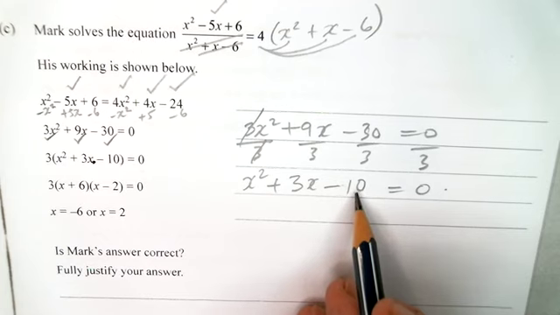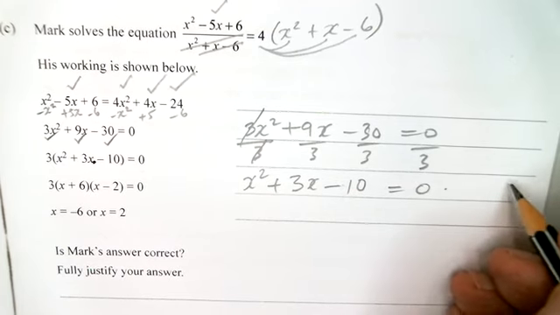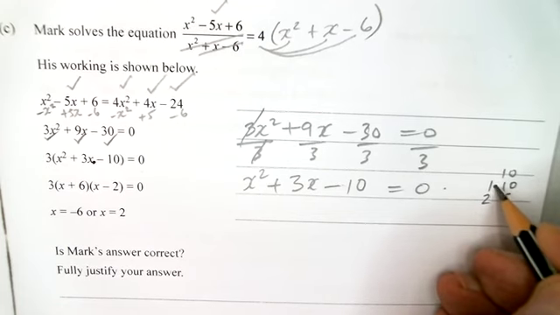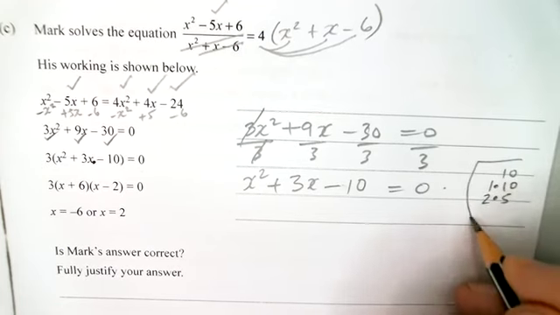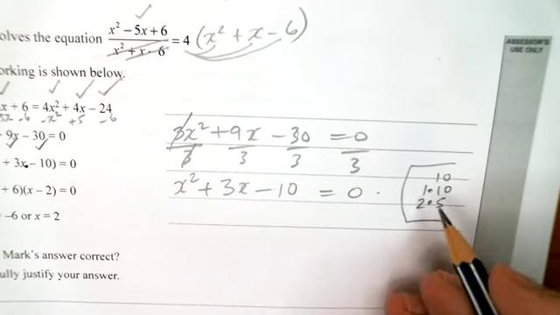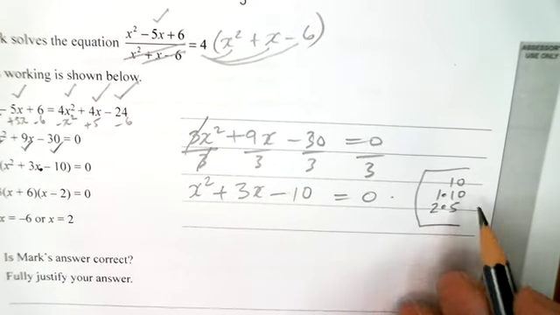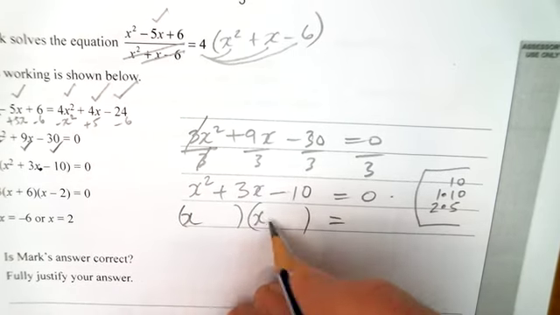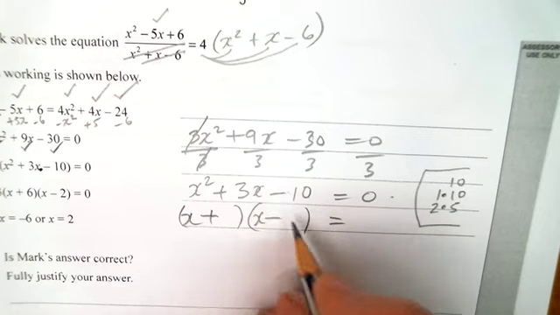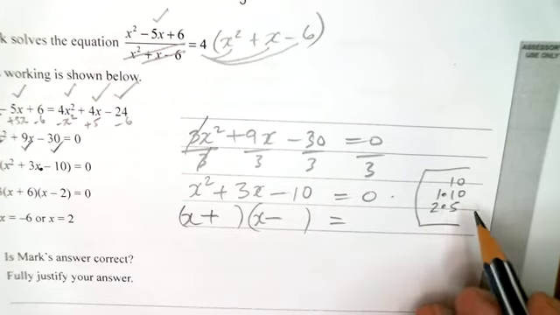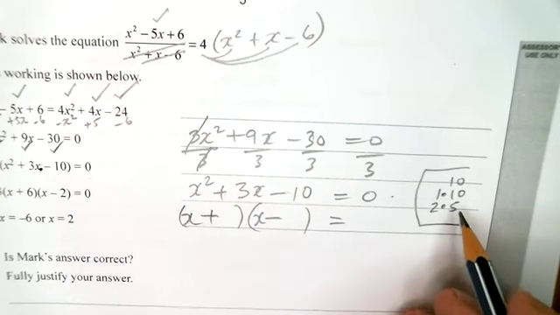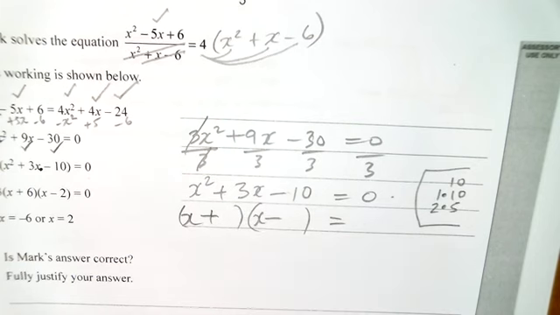And then we can factorize this. So we're looking for factors of 10. Factors of 10 are going to be 1 and 10, and 2 and 5. 1 times 10, 2 times 5. Now, notice the dots are times. So this is going to be bracket, bracket, bracket, bracket equals. We've got an x, we've got an x. Signs are different. Biggest one's going to be positive. Well, 1 and 10 in no possible combination can make a 3, but 2 and 5 in various combinations will end up with some sort of a 3, either positive or negative.